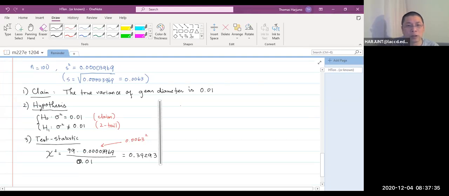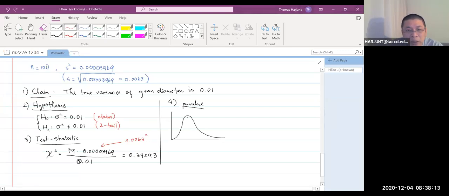Let me do it on the right-hand side here. P-value. The chi-square distribution looks like this. It's non-negative and skewed to the right. Because this is a two-tailed test, I need to find the area.